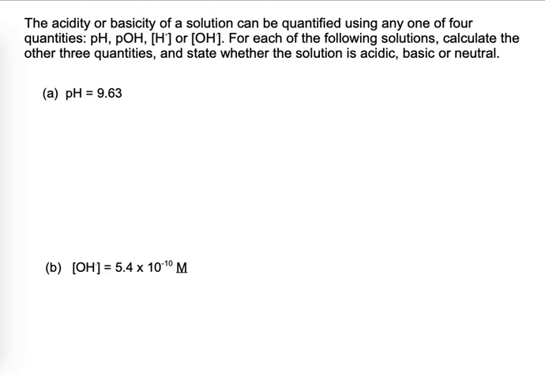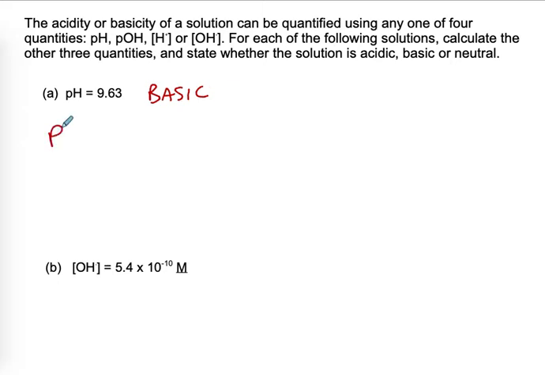So in the first case, we're given a solution that has a pH of 9.63. If the pH is 9.63, that means the hydrogen ion concentration is less than 1.0 times 10 to the negative 7th, which means that it's going to be a basic solution. There are numerous ways you can go from one of these four quantities to the other. Choose the one that's most convenient for you.